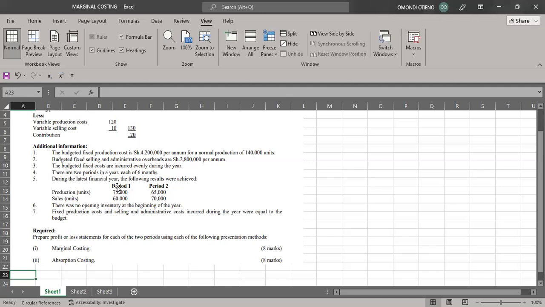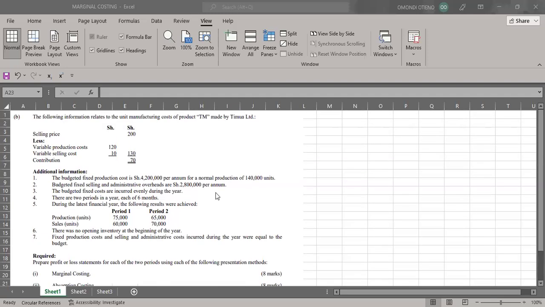So it means we are expecting some closing stock here. Then if you look at period 2, what was sold is more than what was produced. Then it automatically tells you there's some element of opening stock. If you sell more than what you've produced, then of course you actually have some opening stock.